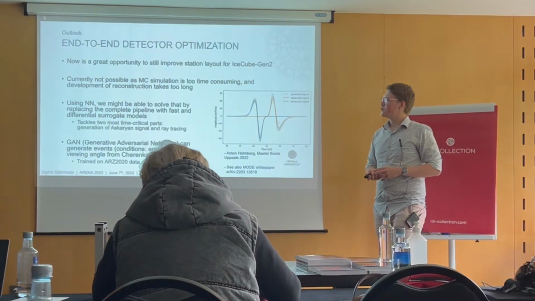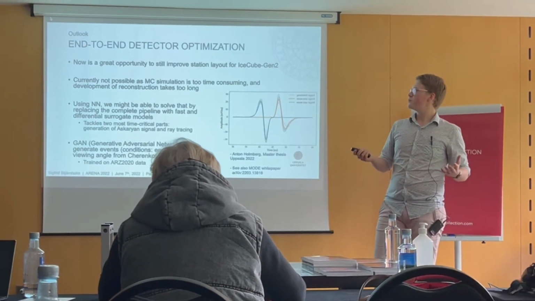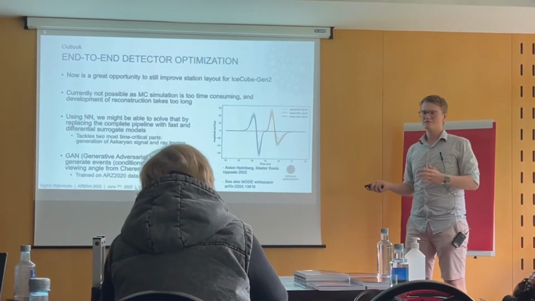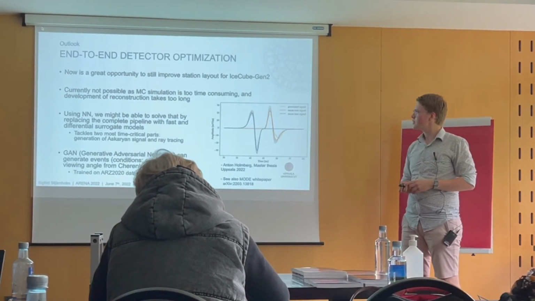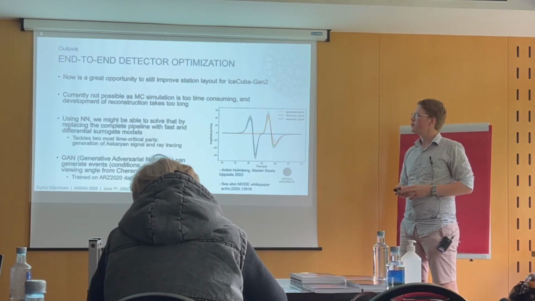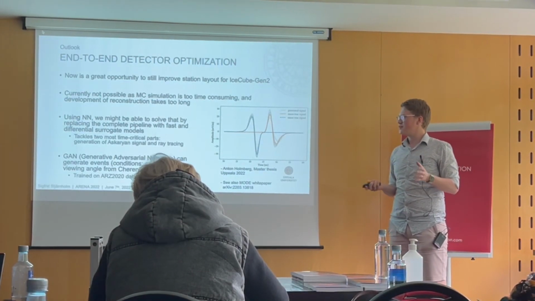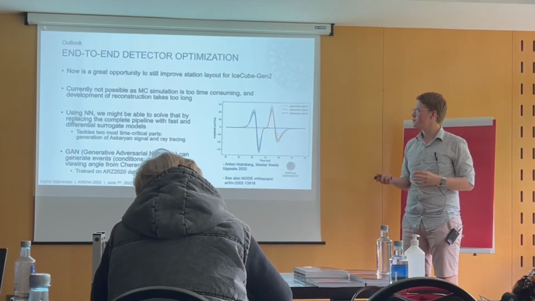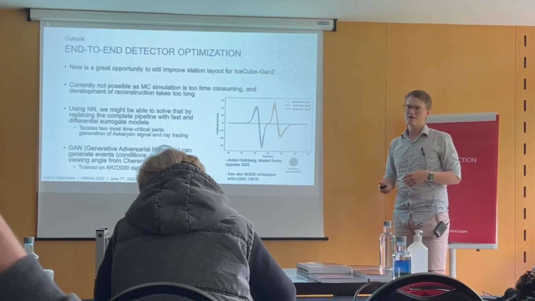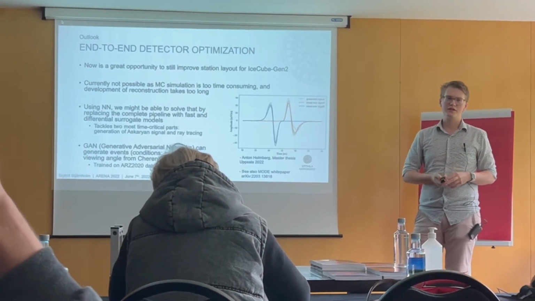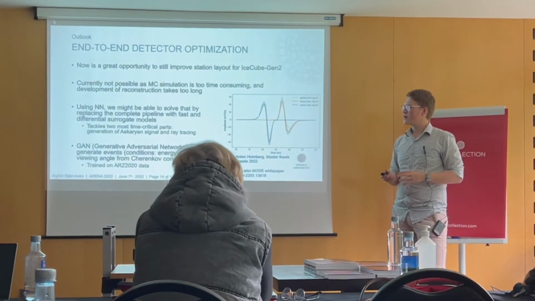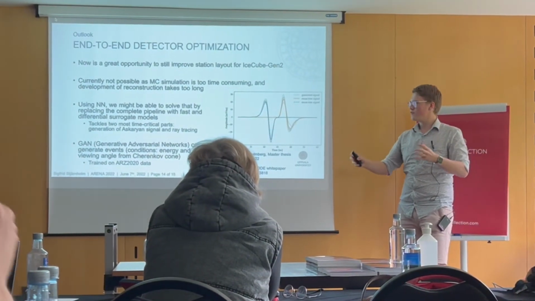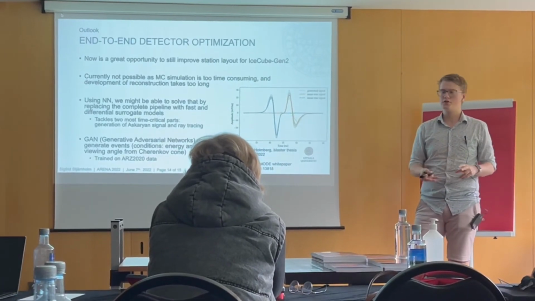One thing we also want to do is end-to-end detector optimization. As we talked about earlier today, now is a great time to improve the IceCube Gen2 designs, the station layouts. And this is not possible right now because the Monte Carlo simulations are very time-consuming, and developing these reconstructions takes a super long time. But we can use neural networks, and we can replace the entire pipeline that we have with fast and differentiable surrogate models.